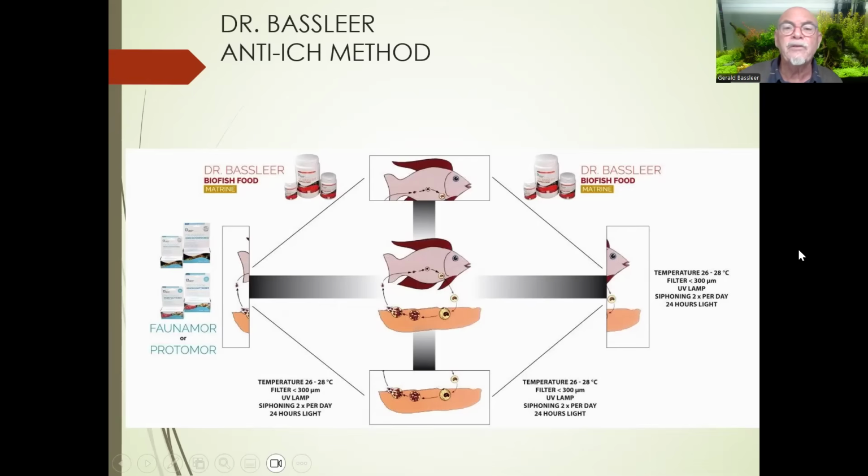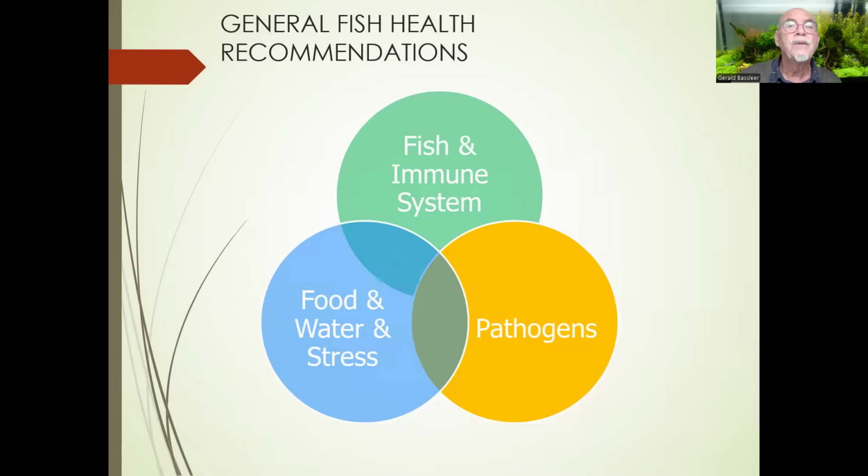So, recommendations. This is available on our website if you want to see. So, general fish health recommendations: you should understand that the fish has an immune system that you can work on to keep the fish in good condition.